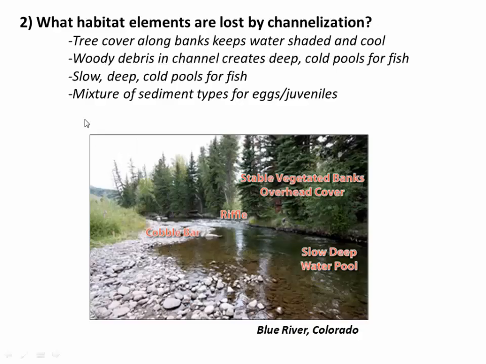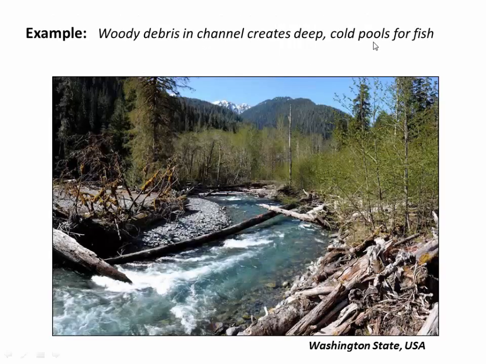So the second drawback of bank stabilization or channelization is that habitat can be destroyed. Let's look quickly at what habitat elements are important in a river and how they get destroyed. Things like tree cover are really important for keeping the water shaded and cool. Woody debris in the channel helps to create cold, deep pools for fish.